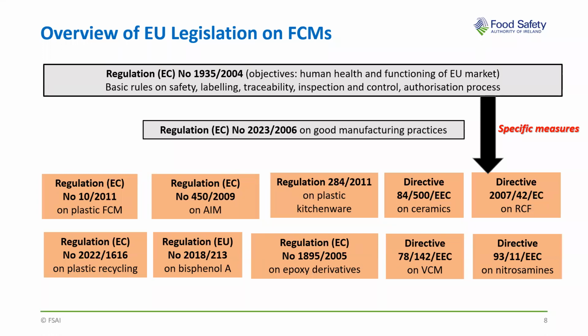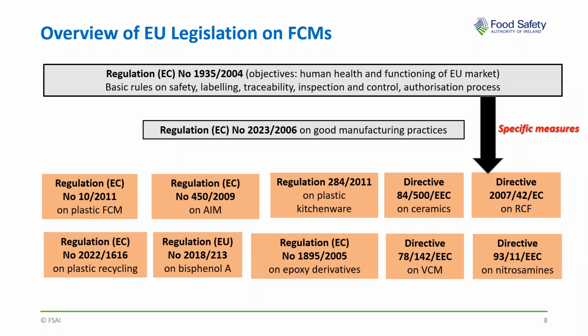Over time, the European Commission has been publishing individual regulations which relate to specific food contact materials. It's important that you're aware of them, as while 1935 and Regulation 2023 apply to all food contact materials, if you're a producer of, say, plastics, you also need to comply with the specific measure that's in place for plastics. Over time, these harmonized laws have developed and have been published at the European level.